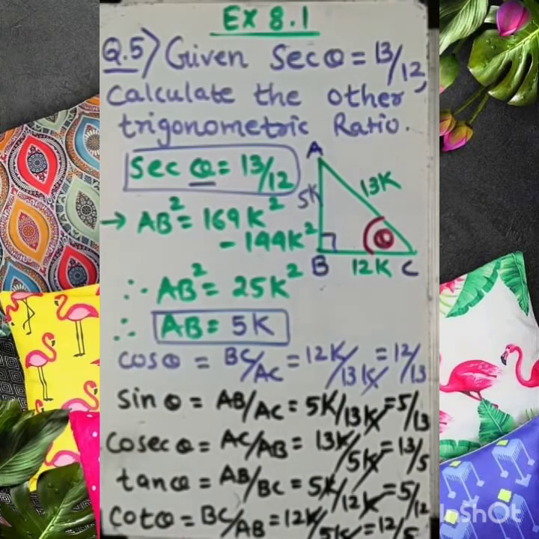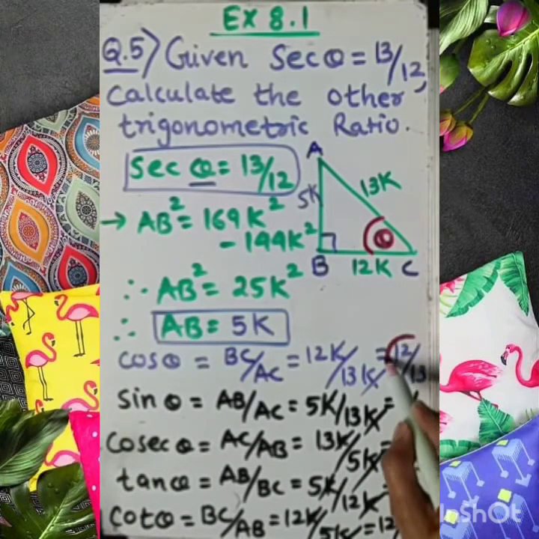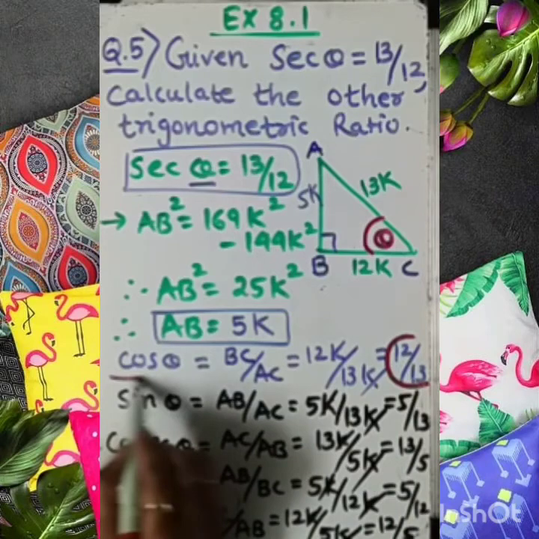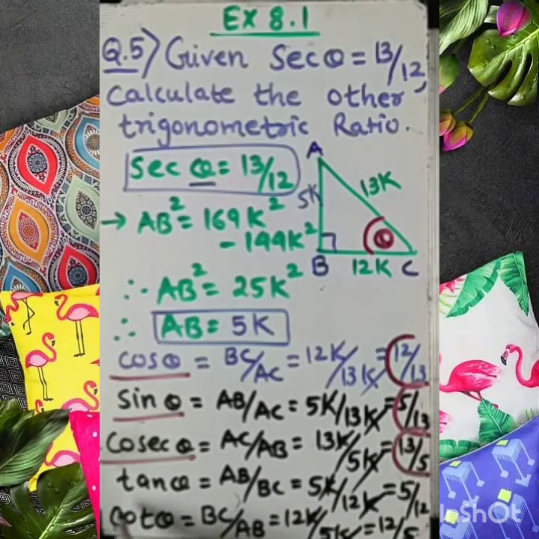So my dear student, sec theta's value is already given, and the rest of the 5 trigonometric values: cos theta equal to 12 by 13, sin theta is 5 by 13, cosec theta will be 13 by 5, tan theta will be 5 by 12, and cot theta equal to 12 by 5. This is the complete solution of question number 5, which is very easy.